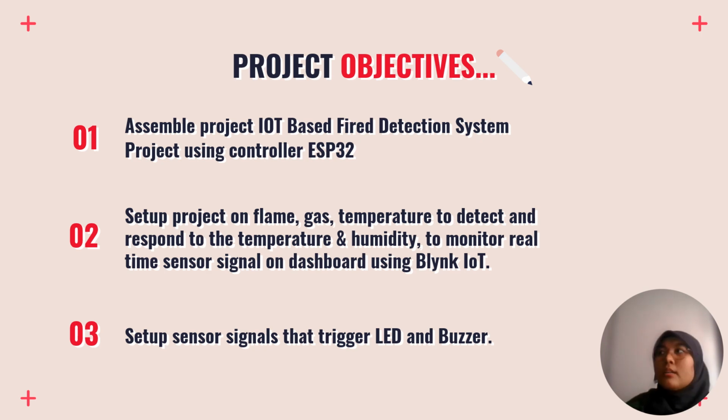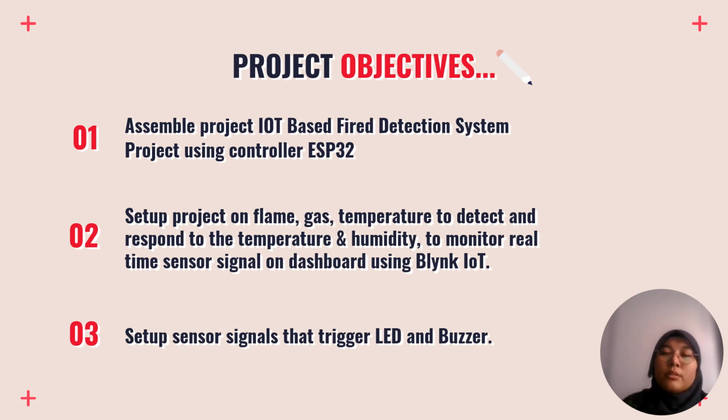The second one is to set up the project on flame, gas, and temperature sensors to detect and respond to the temperature and humidity, and to monitor real-time sensor signals on a dashboard by using Blynk IoT. For this one, to set up the project, we will be working with sensors that detect change, 3 different sensors, which is flame, gas, and temperature and humidity.